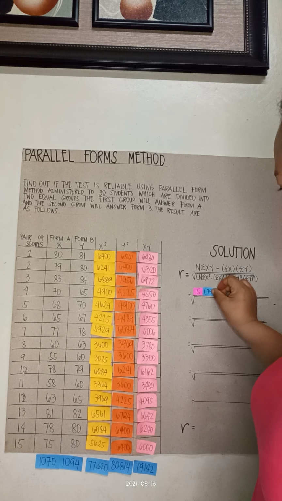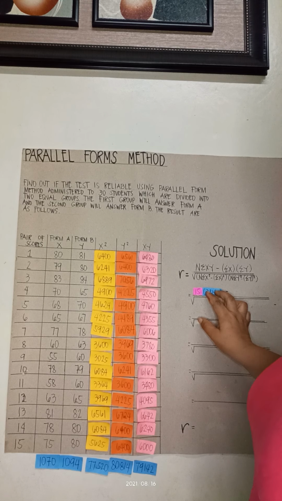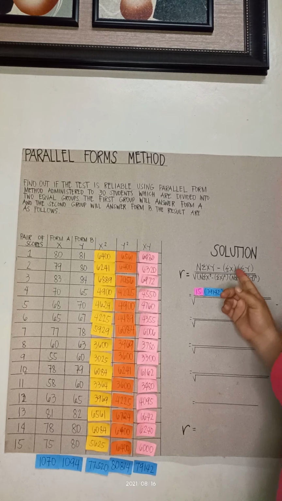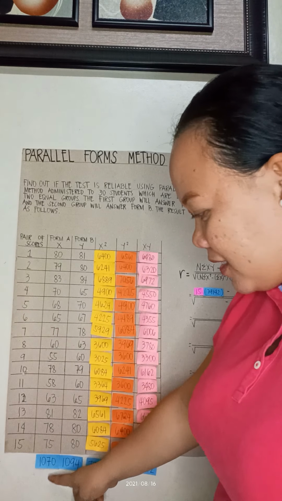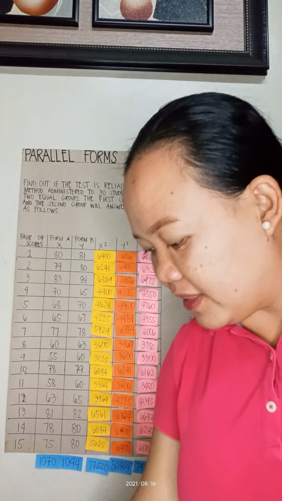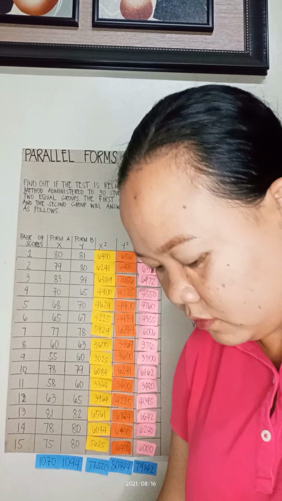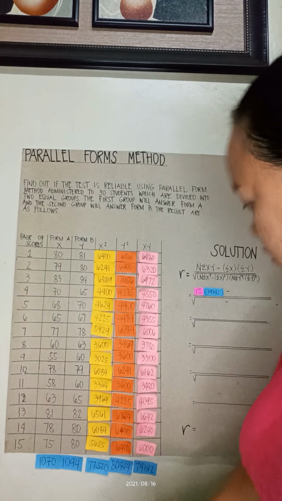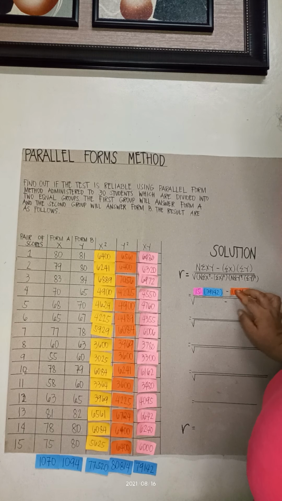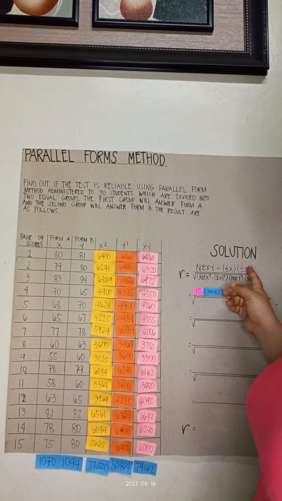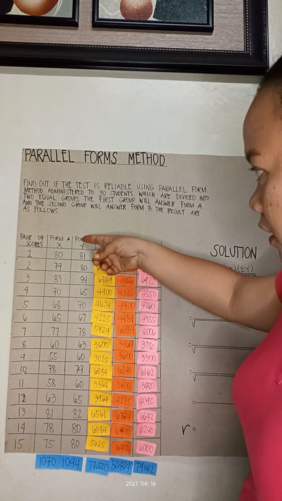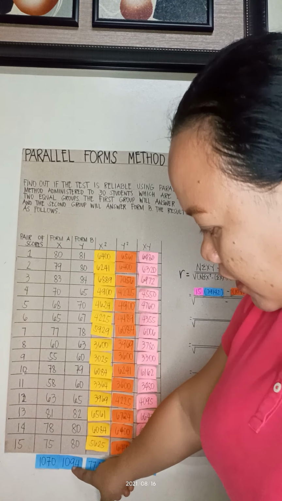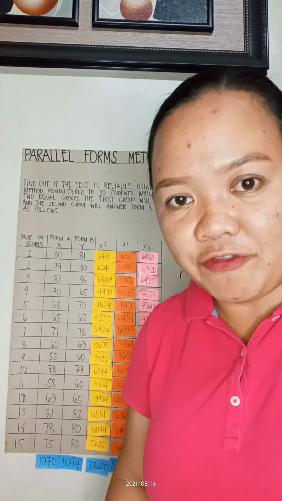So let's put 79,142 minus the summation of x, which is 1,070, times the summation of y, which is 1,094.